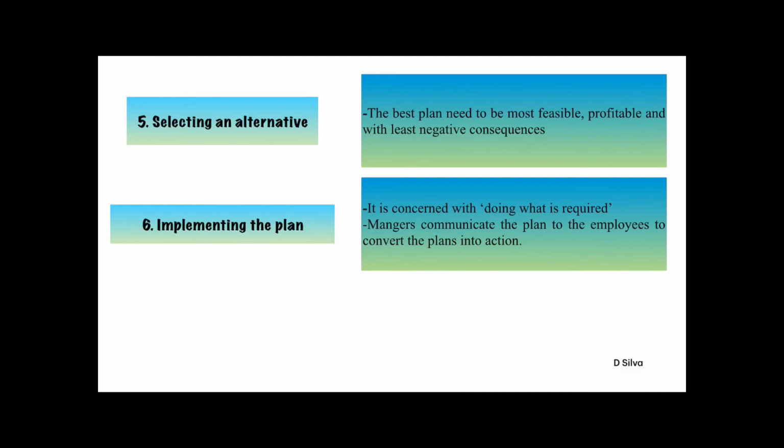At the same time, you are going to convert your plans into action. How? By communicating the plan to the employees. For example, the mobile phone company hires salesmen on a large scale, creates TV advertisements, and starts online marketing activity. So you are implementing your selected alternative.